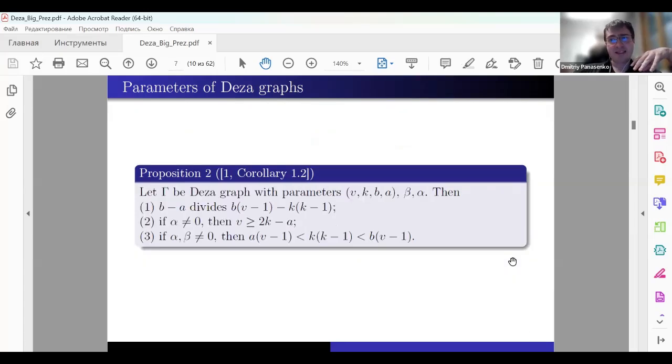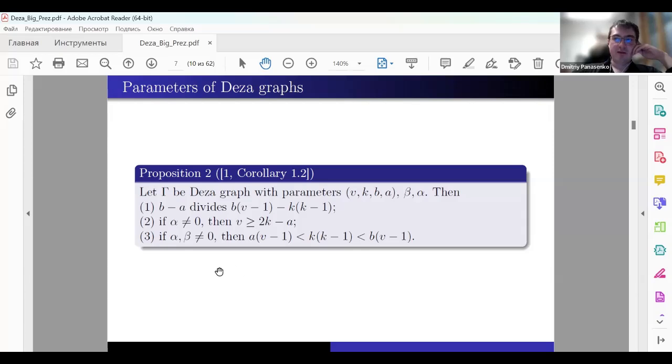There are some restrictions for the parameters of these graphs, not a lot, but some at least. You can see them on the slide. For example, b minus a should divide b multiplied by (b minus 1) minus k multiplied by (k minus 1). If alpha does not equal 0, then we have a restriction on the number of vertices: v should be greater than or equal to k minus a.